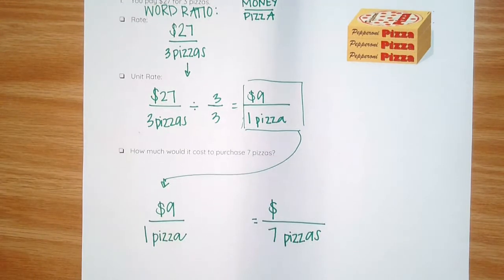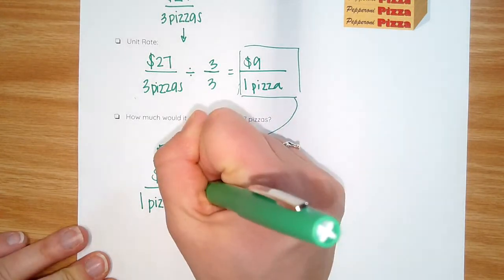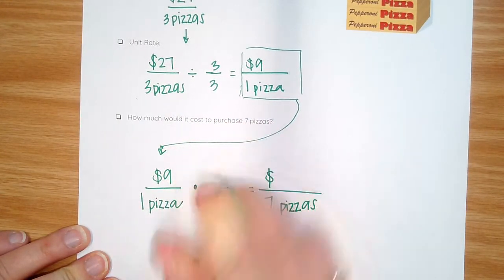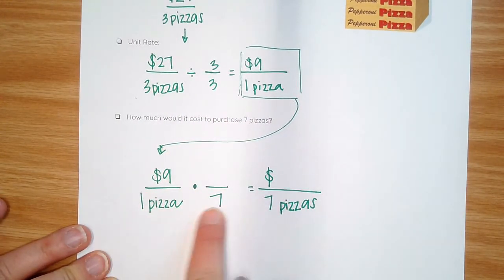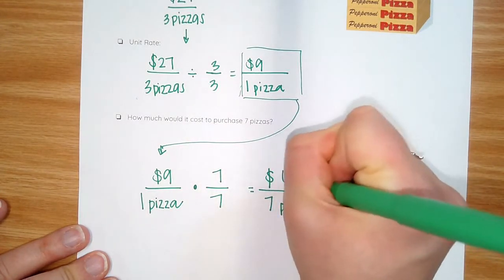So how do I get from 1 pizza to 7 pizzas? Well, I multiply my denominator by 7. 1 times 7 is 7. Because I multiply my denominator by 7, I must also multiply my numerator by 7. 9 times 7 is 63.